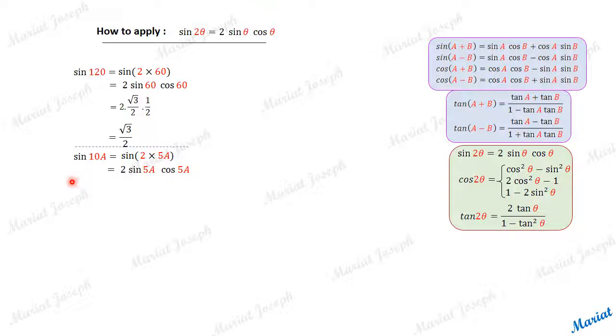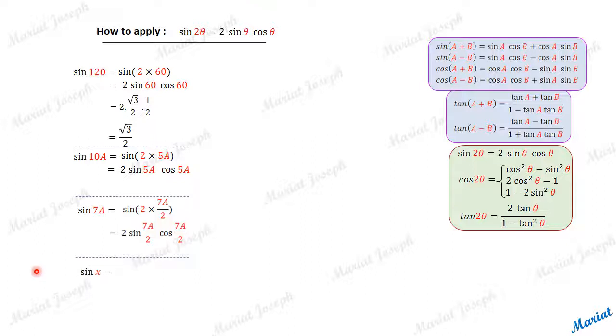So I'm just making you familiar with these little simplifications. In case you have sine 7a, it can be rewritten as sine of 2 into 7a by 2. Theta is 7a by 2. 7a by 2 into 2 is 7a itself. It is to use sine 2 theta. Theta is 7a by 2. So it can be rewritten as 2 sin 7a by 2 cos 7a by 2.